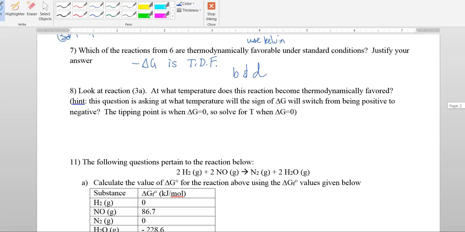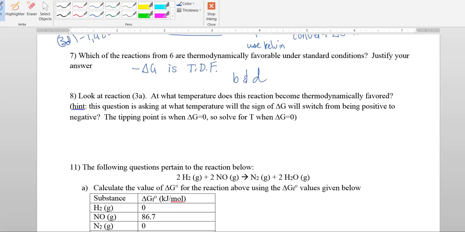And if you're looking at 3A, at what temperature does this reaction become thermodynamically favored? So for 3A, my values for delta H were positive 572 kilojoules, and delta S was 327 joules per mole Kelvin.